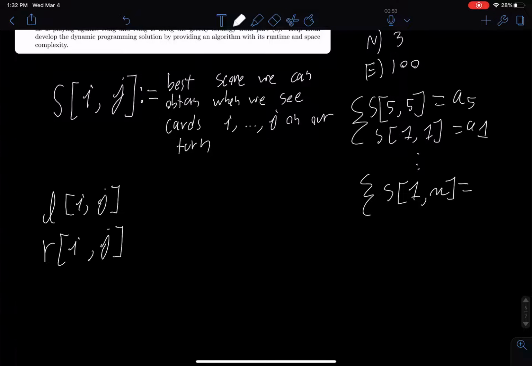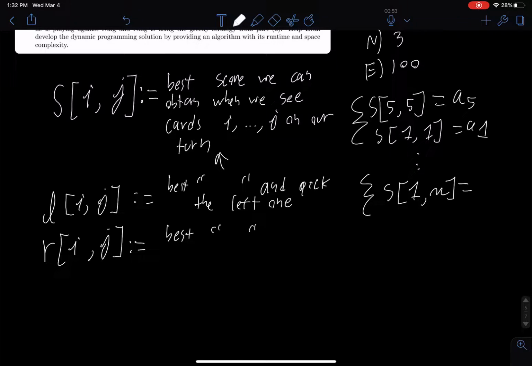L sub ij is going to be the best score we can obtain when we see cards i through j on our turn and pick the left one. R sub ij is going to be equal to the best score we can obtain when we see cards i through j on our turn and pick the rightmost one.